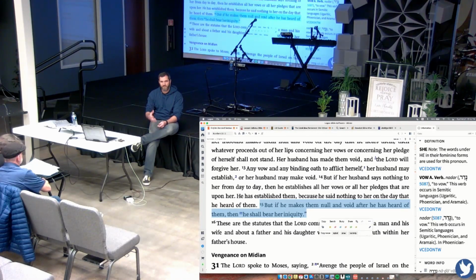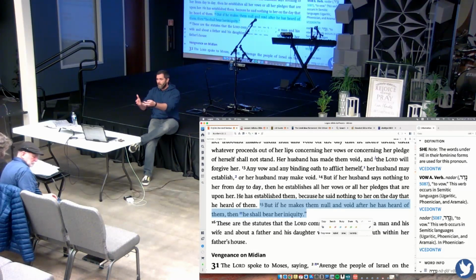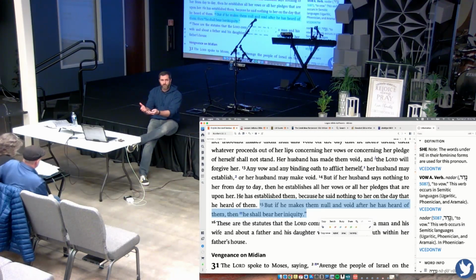It's hard to look at it as equality in any sense, because it is still very much a patriarchal culture. But it is making it so that a disadvantaged group of people, women, in ancient Israel, can't just be taken advantage of. Does that make sense?